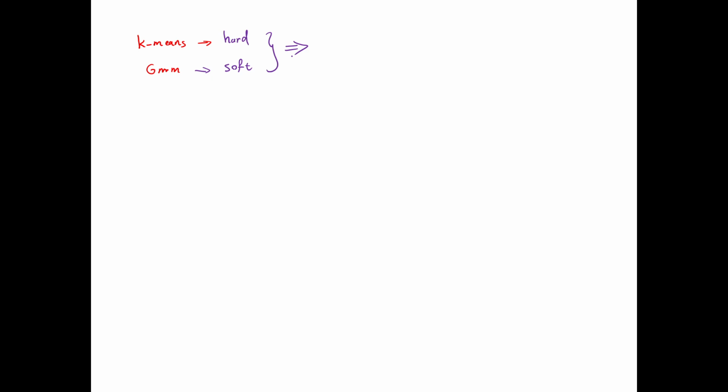Any idea? Both of them have this issue, yes. It's hard to know how many clusters you need going into it. We need to know, very good. We need to know the number of what in advance? K in advance. Okay, I'm going to introduce a new clustering algorithm.